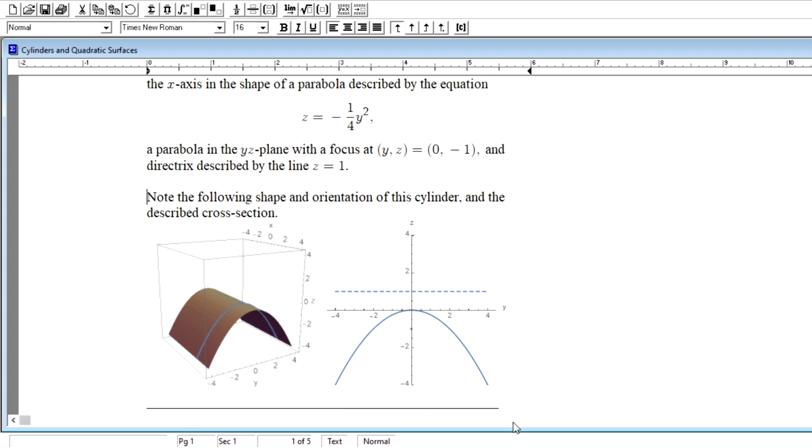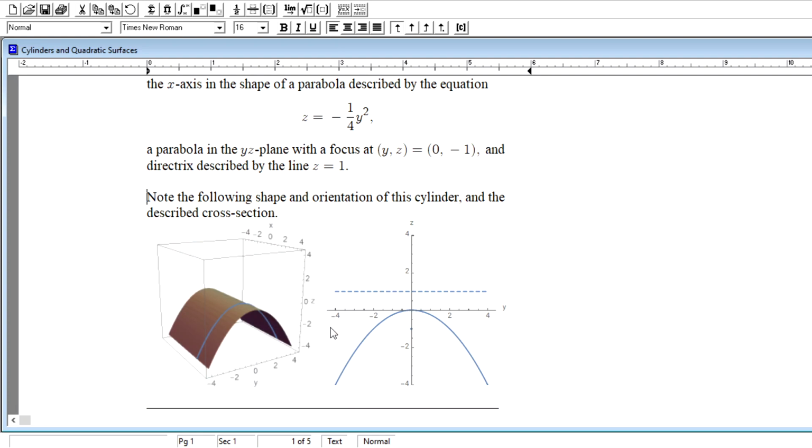We see this parabolic shape in the YZ plane described by this focus and this directrix, where that parabolic shape is being extruded parallel to this x-axis. It's forming parallel to this x-axis in three-dimensional space.